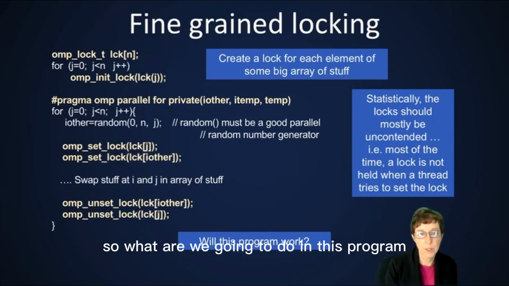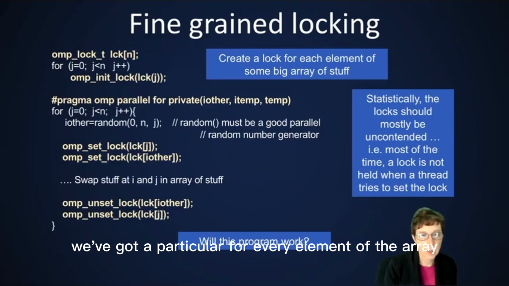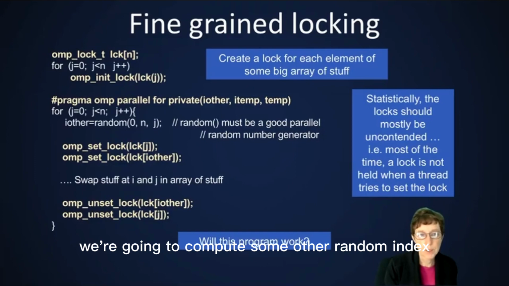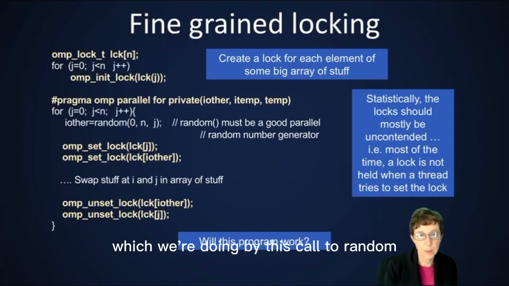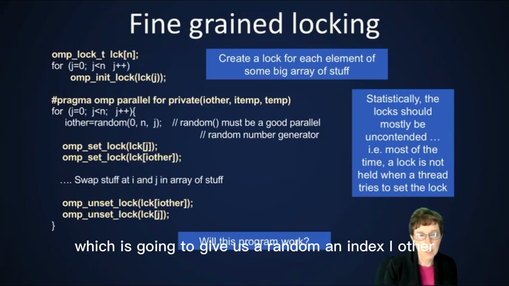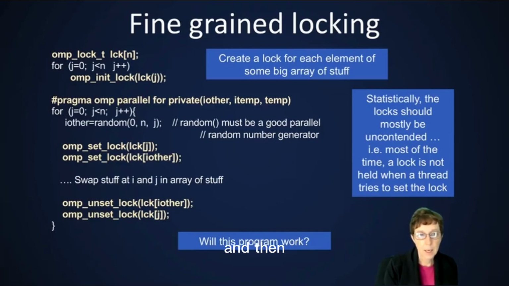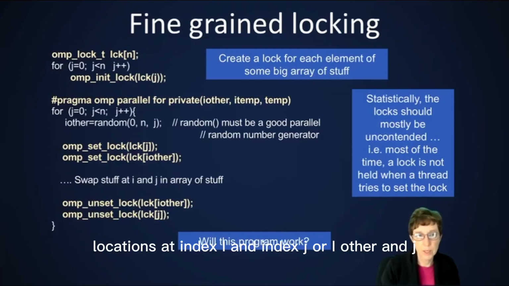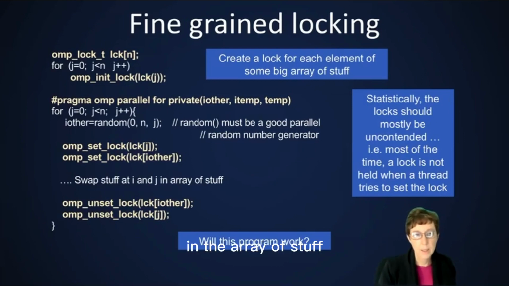So what are we going to do in this program? For every element of the array, which is index j, we're going to compute some other random index, which we do by this call to random, which gives us an index I other. Then we're going to swap the stuff at those two locations, index I other and j, in the array of stuff.